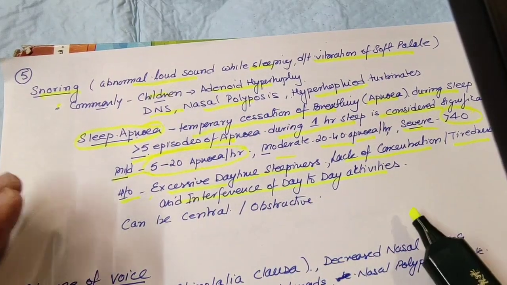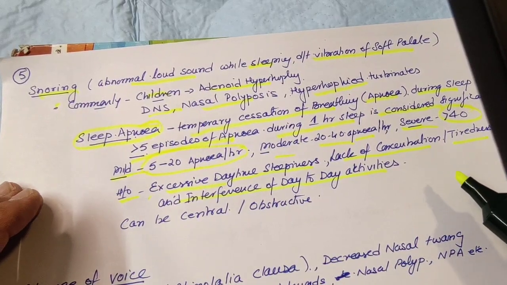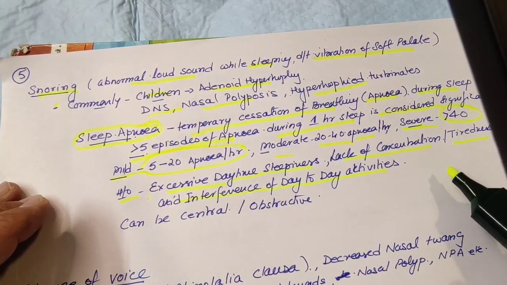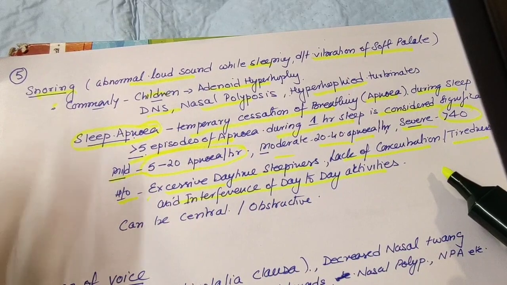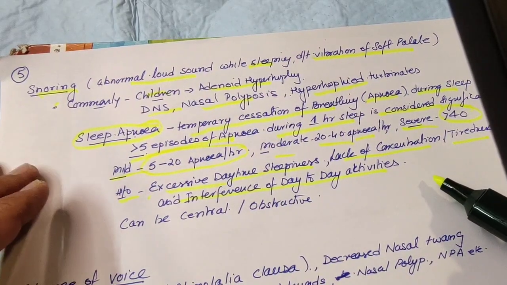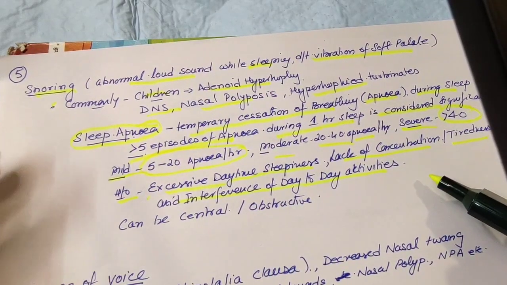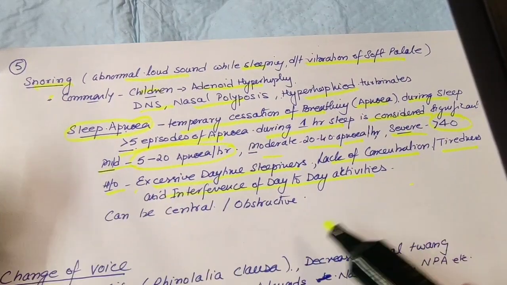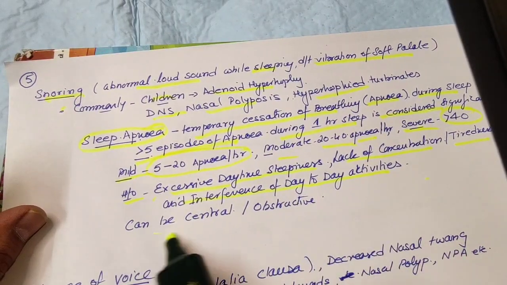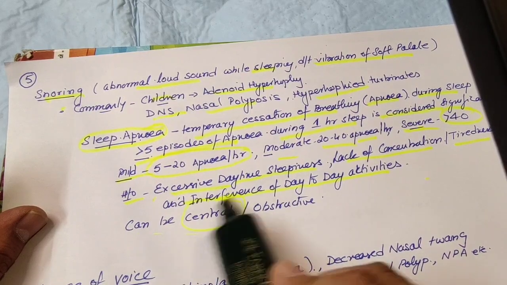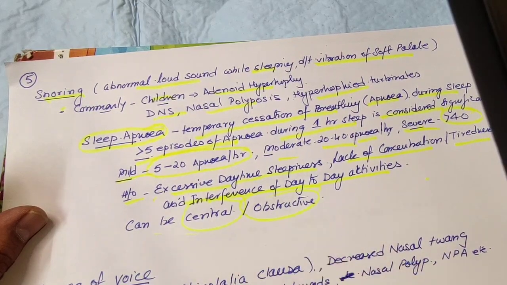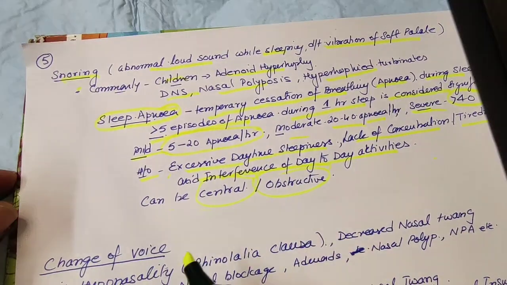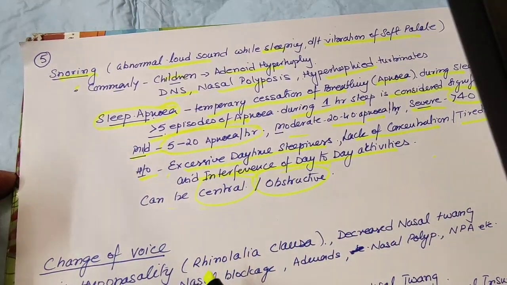So the patient of sleep apnea will come to you with the history of daytime sleepiness, difficulty in breathing from the nose, frequent falling off to sleep during the daytime, and a feeling of tiredness. So this may indicate a central apnea or an obstructive sleep apnea. Details we'll talk about later.